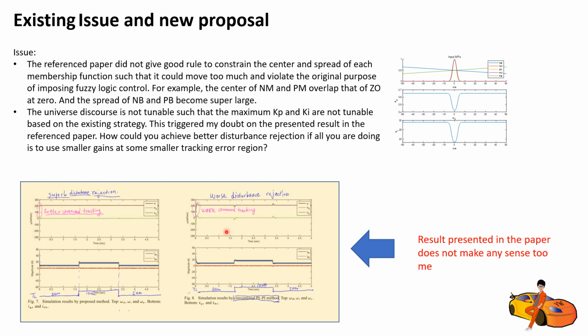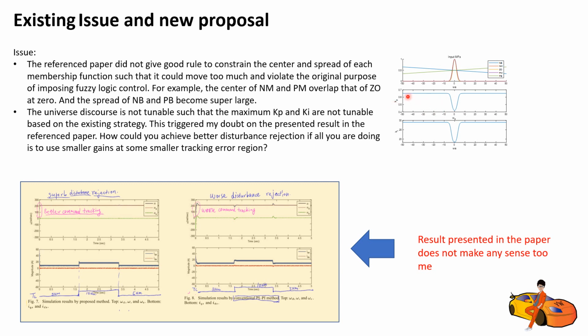I personally think it's not possible, because if you use the GA, all it does is, at smaller tracking error, try to reduce the gain, right?